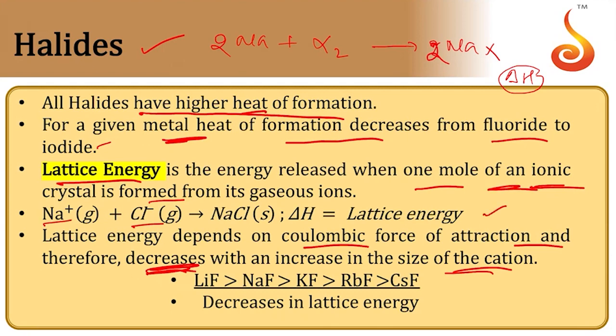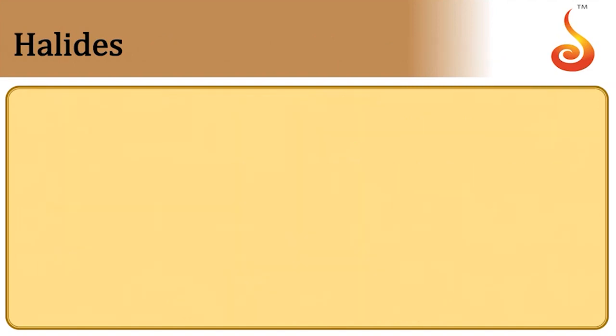For example, Na plus and Cl minus giving NaCl, the energy released is called lattice enthalpy. When the size of the cation increases, the Coulombic force of attraction decreases, hence lattice enthalpy also decreases. So this is the decreasing order of lattice energy of these fluorides given to us.